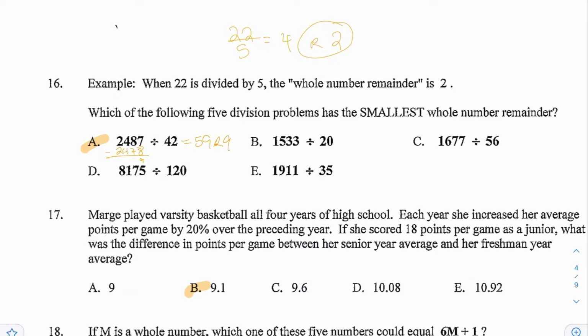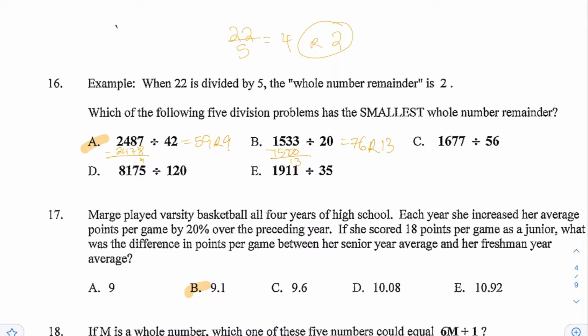So then for choice B, you have 1533 divided by 20. That's going to be 76 point something. So you'll have to do 76 times 20, which is 1520, and subtract that from 1533, and that's going to give you a difference of 13.